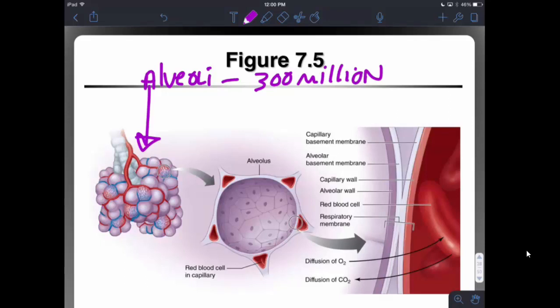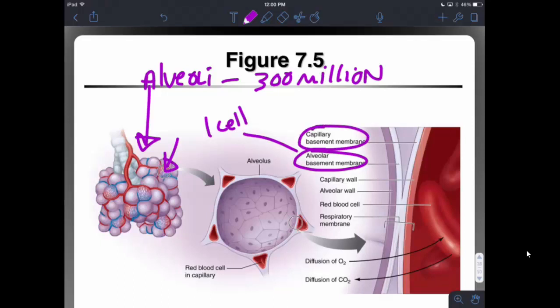And the alveolar membrane is very thin, 1 cell thick. Okay, and surrounding the alveoli is a very dense network of capillaries, and the capillaries have membranes that are also very thin, 1 cell thick. Okay, so it can't get any smaller than 1 cell thick.